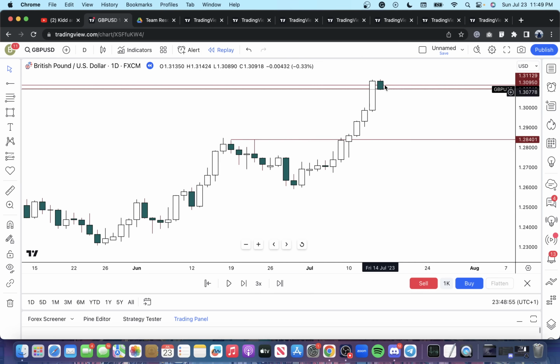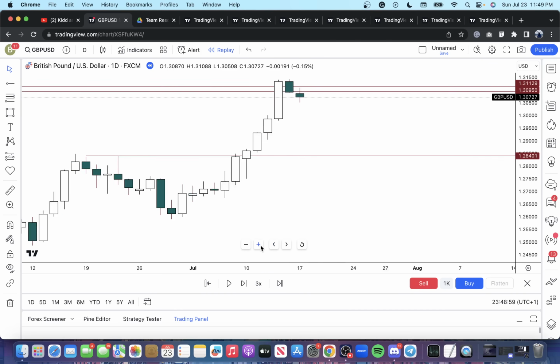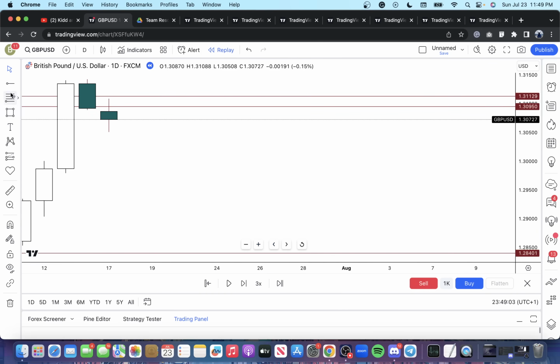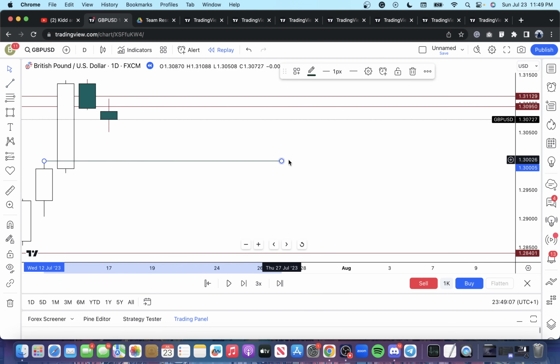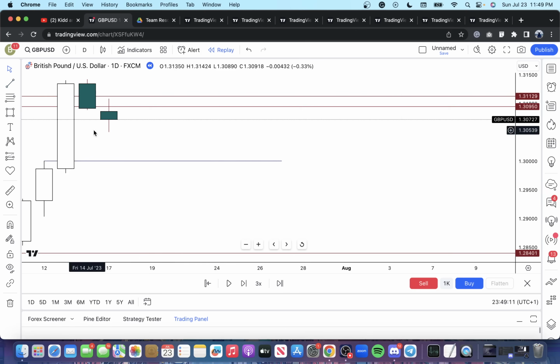And what we can identify here, again, let's just zoom on this range. You can see here we have a daily discount. Okay, and the daily discount is this daily bullish fair value gap. I like to use purple for my daily levels just to differentiate both.